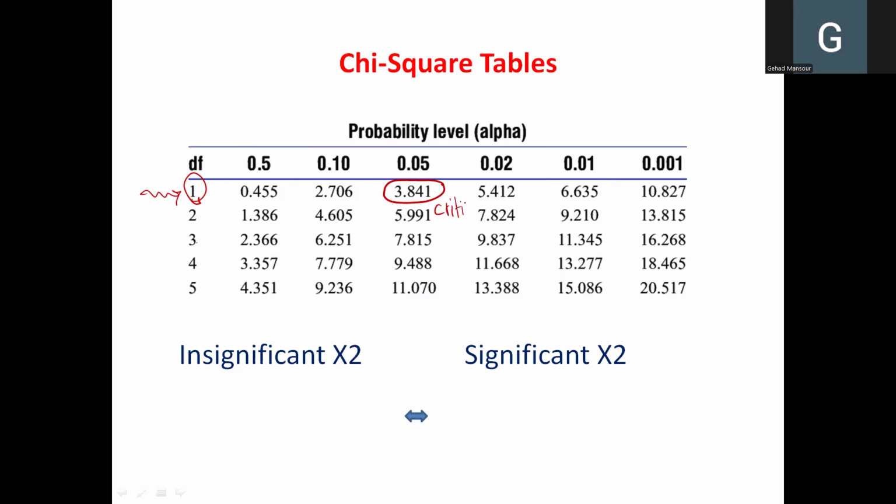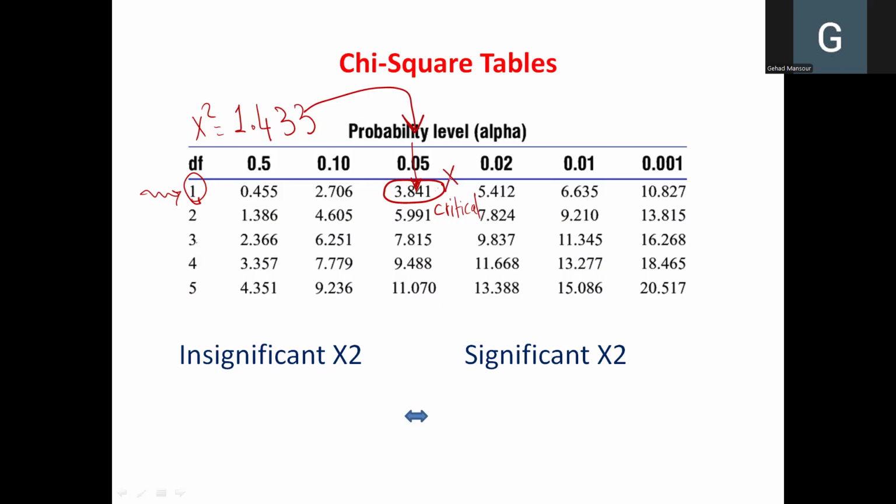So in our previous example, when our chi-square value was equal to 1.433, we said that we failed to reject the null hypothesis, which means that we accepted the null hypothesis because our difference is smaller than the critical value.